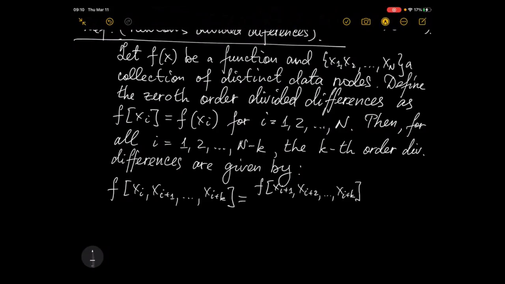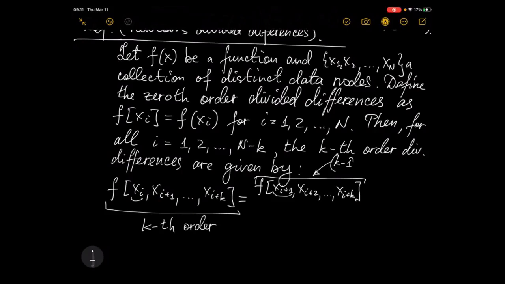Pay attention. Here we start from xi, here we start from xi plus 1. So if this is kth order, this is k minus 1th order. Here the number of points used is k plus 1. For zeroth order, we use 1 point. For kth order, we use k plus 1 points.